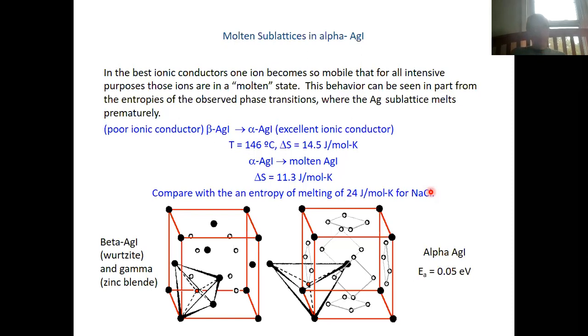Okay, so silver iodide is a really interesting ion conductor. Let us look at another one which is interesting.